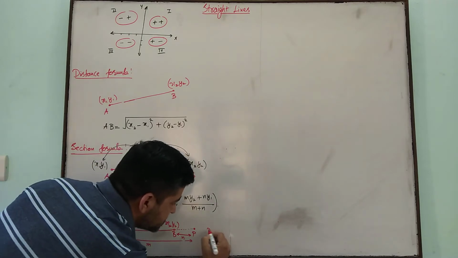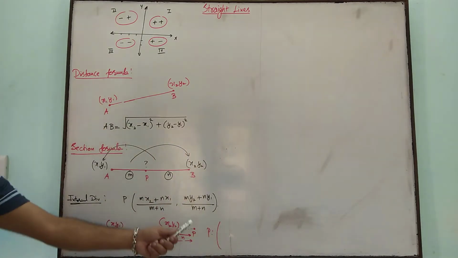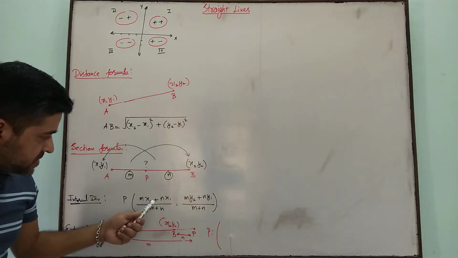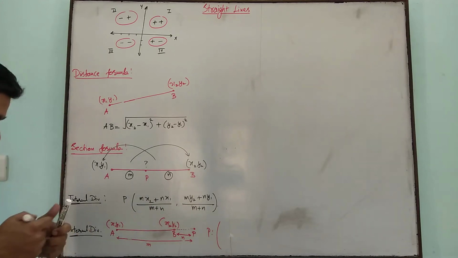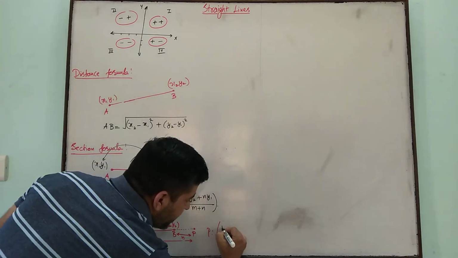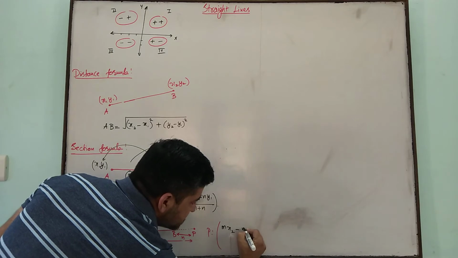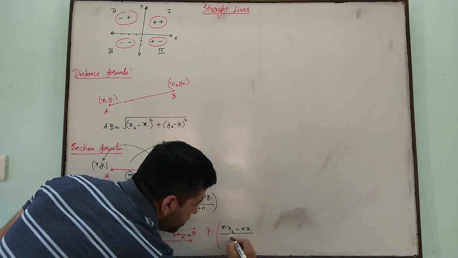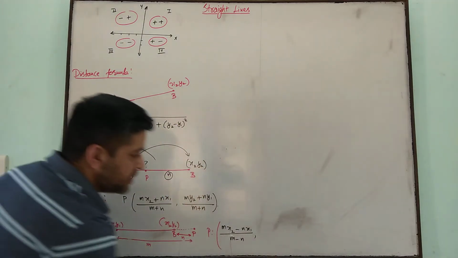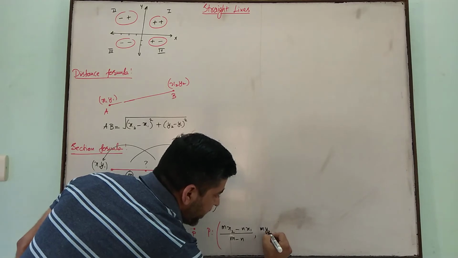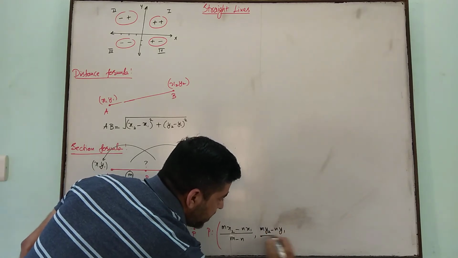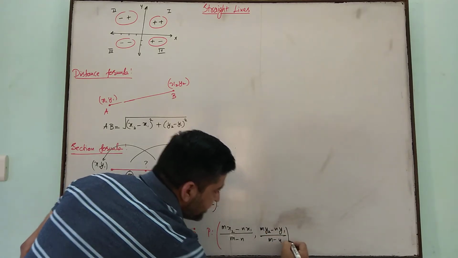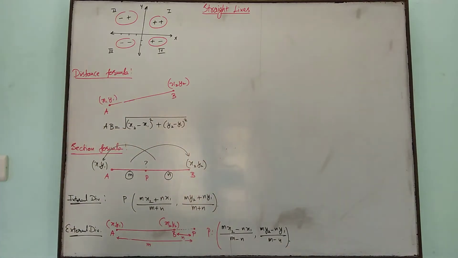Then in that case, coordinates of P, formula is same, just a negative sign everywhere in place of plus sign. We'll have m into x2 minus n into x1 upon m minus n, m into y2 minus n into y1 upon m minus n. This is for external division.